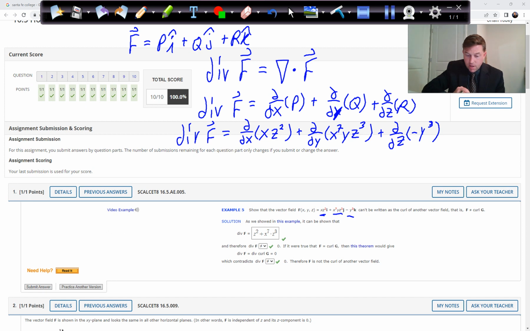And this should be a scalar because we're dotting two vectors basically. So we should get a scalar out. And it should be 0 if we want to be able to find some vector field G for which we can curl that and get a different vector out.